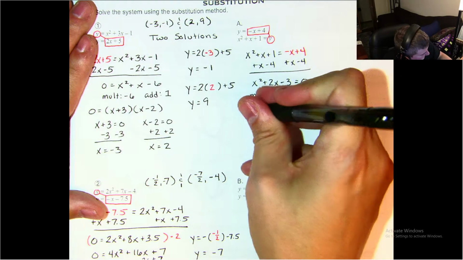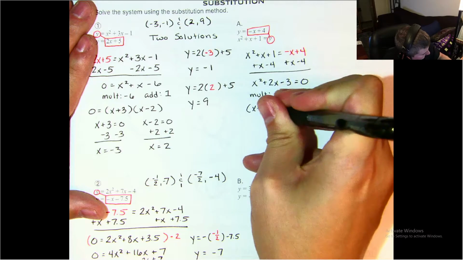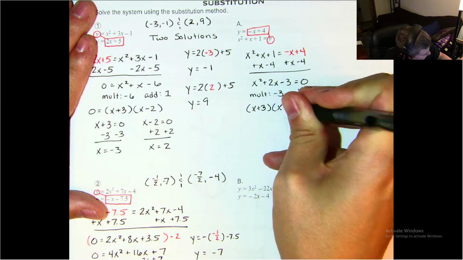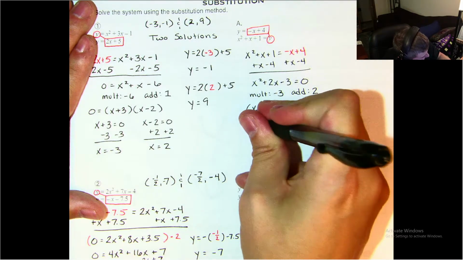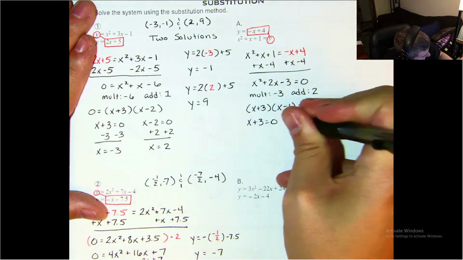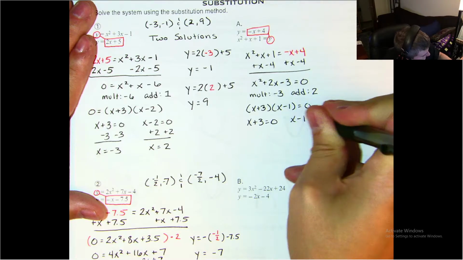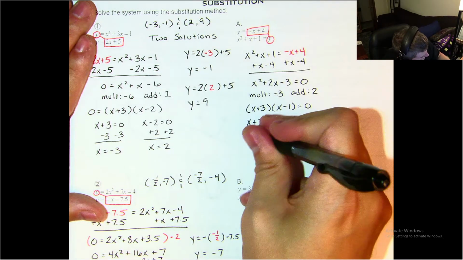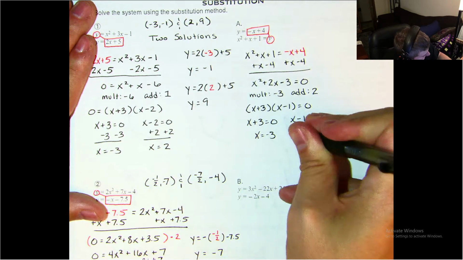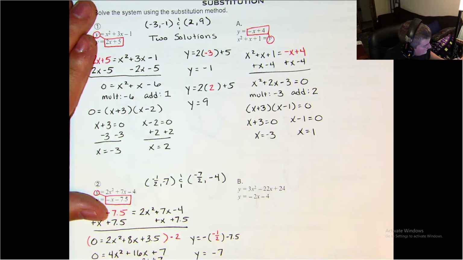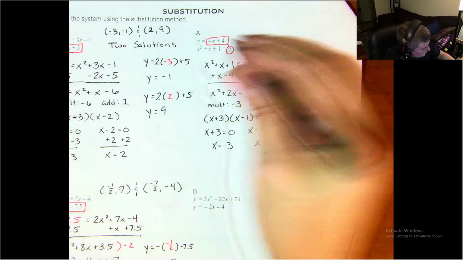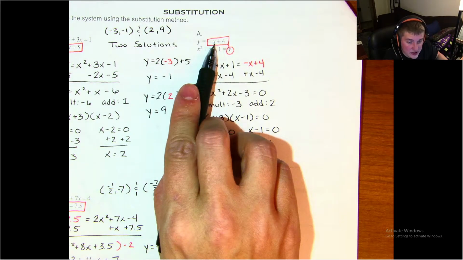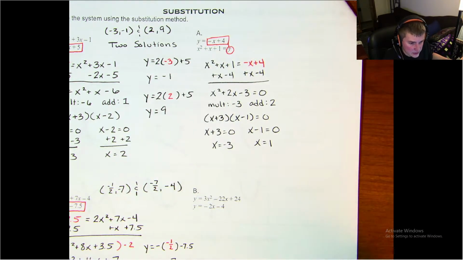So this is going to be x plus 3 times x minus 1 is equal to 0, which means x plus 3 is equal to 0, and x minus 1 is equal to 0, which means my two x values are negative 3 and positive 1. Okay, and then we can go ahead and plug those in to whatever equation. I'm typically using these ones, the linear ones, because they're the easiest to deal with.